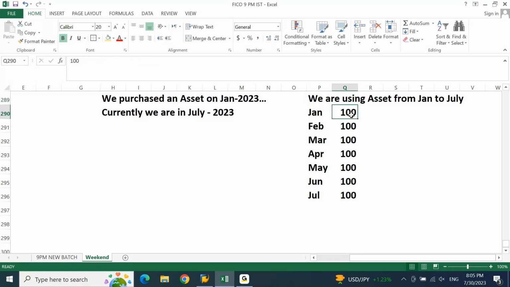If I say what is the accumulated depreciation in February, I need to include January and February, which means 100 in January, 100 in February, 200. If I talk about April, this is not only April, this is until April. Depreciation is only April, accumulated depreciation is until April. Clear?